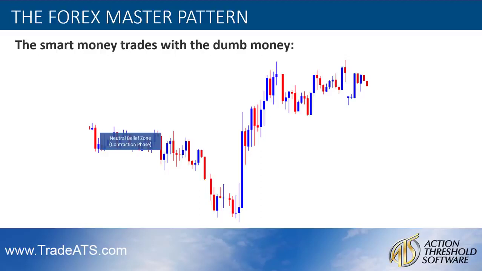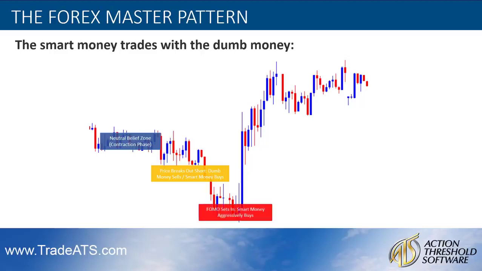They're not going to really have any beliefs of the market going up or going down. It's just going sideways. So the minute they see the market break down at this point, they're going to visually see that market falling, and the less skilled traders are going to start to sell the market because it's a breakout. I mean, you've got to sell the breakout, right?